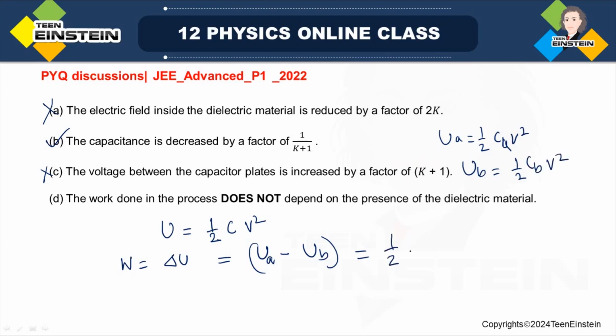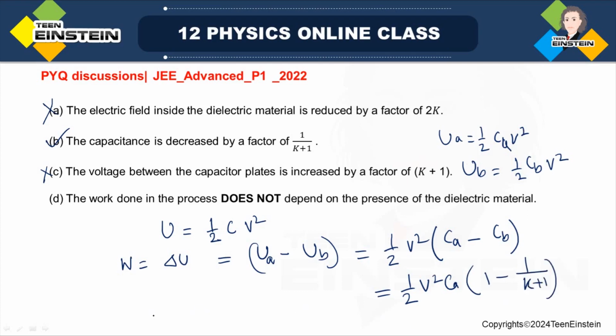So half V square is common, and I have CA minus CB. We know CB is equal to CA divided by K plus 1. So I can take CA common, then I get 1 minus 1 over K plus 1. This will give half CA V square, and K plus 1 minus 1, so K divided by K plus 1.